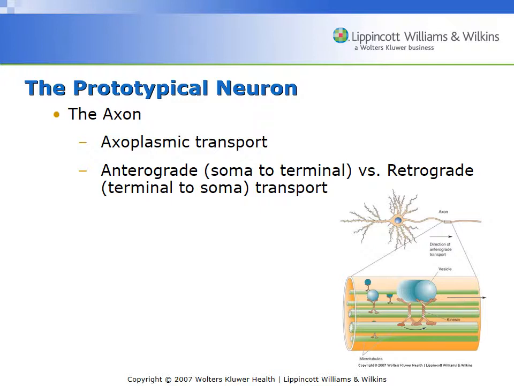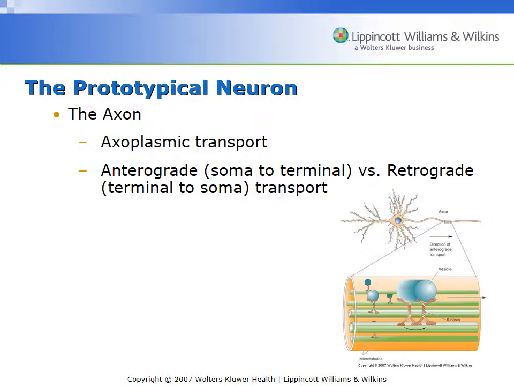Next, we have to introduce axoplasmic transport. As we have noted earlier, axons have no ribosomes. Therefore, they cannot synthesize protein. So proteins must be synthesized somewhere else in the soma and shipped down the axon. And in the mid-19th century, Augustus Waller showed that a neuron cannot sustain itself if it's cut from the cell body, and it dies.